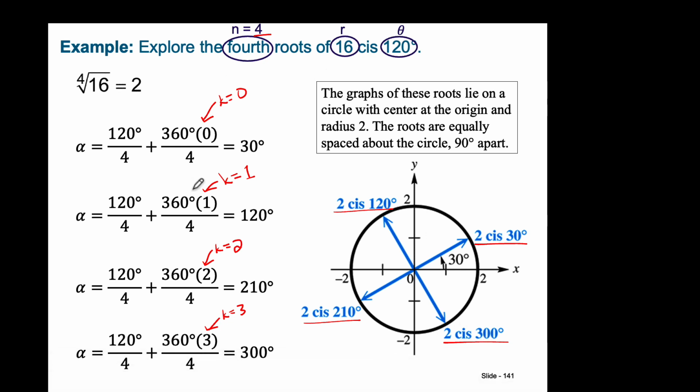Sometimes it's easy to just get caught up in the number crunching, but here we see that the graphs of these roots lie on a circle with its center at the origin and has a radius of 2. That's what we found here. And the roots are equally spaced about the circle. So if you notice, they are each 90 degrees apart for this particular example, giving us 30, 120, 210, and 300.